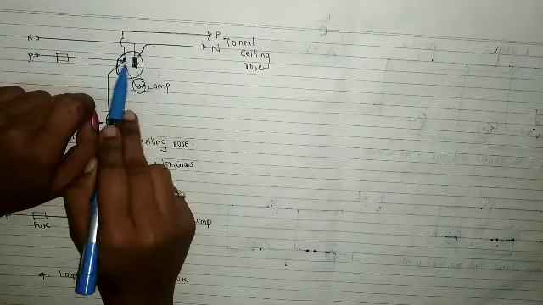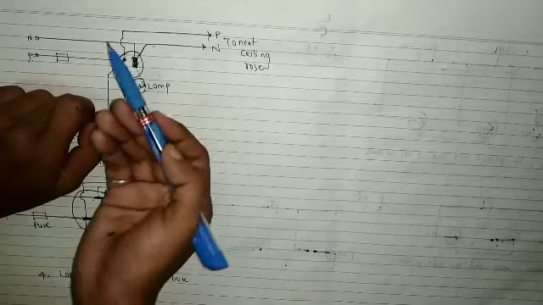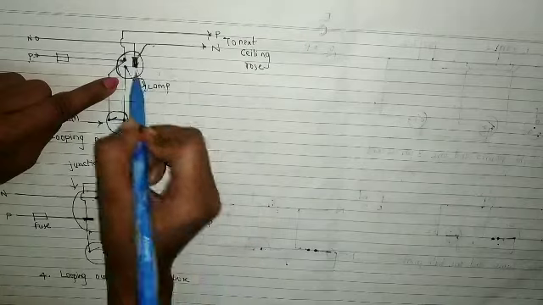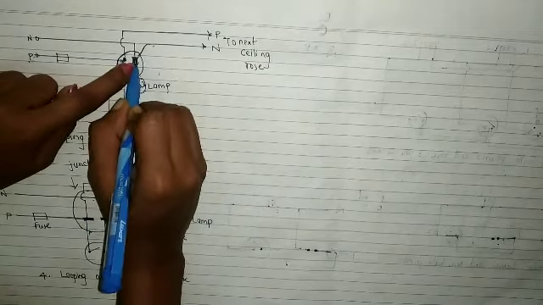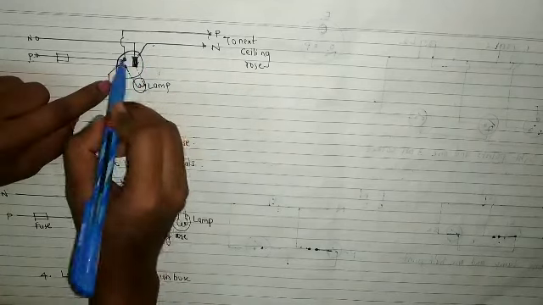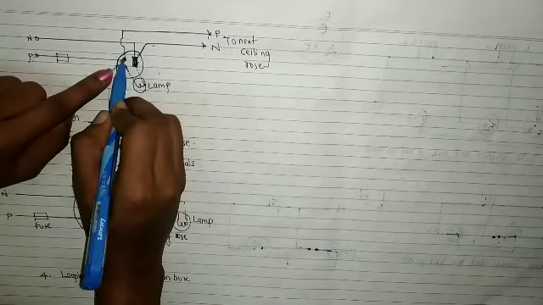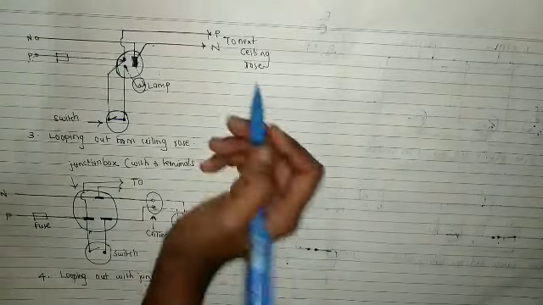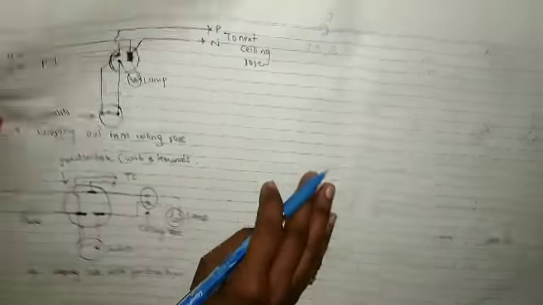From one ceiling rose, we have to give this connection to the next ceiling rose. We have to loop out from the ceiling rose. So this neutral is taken out from here, from this connector to the next ceiling rose, and from this point, phase, we have given phase to the next ceiling rose. This is looping out from ceiling rose.